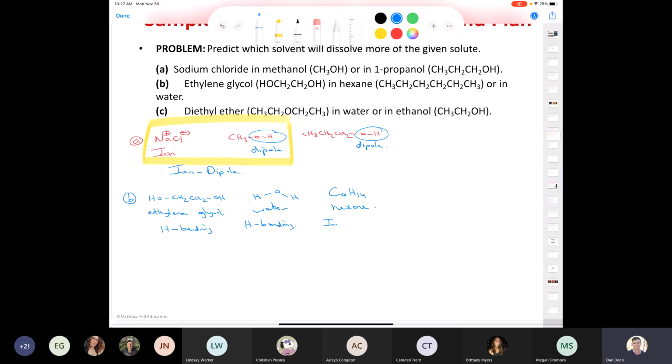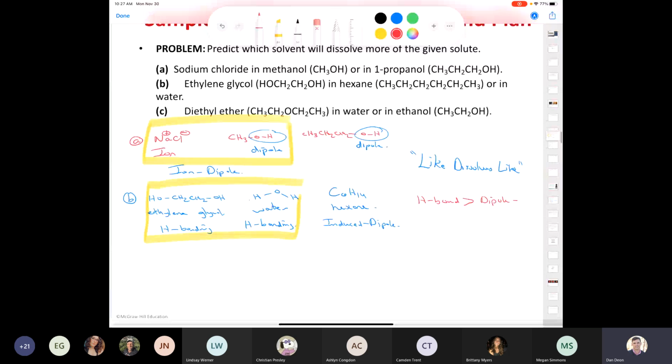Remember the rule, like dissolves like. That's our rule of thumb. Since ethylene glycol and water are both capable of hydrogen bonding, the ethylene glycol, which is antifreeze, is going to be most soluble in water. Hydrogen bonding is a stronger intermolecular force than a dipole and an induced dipole.